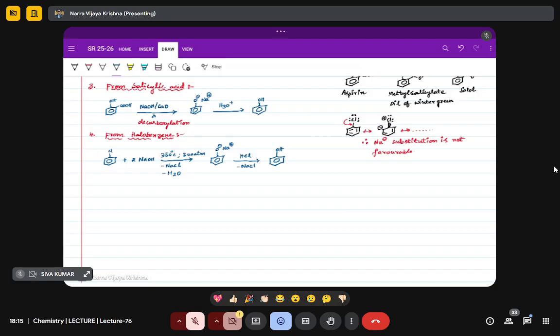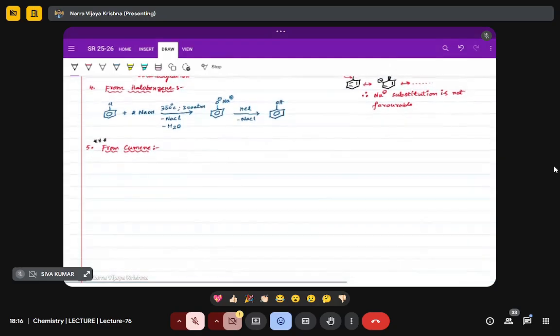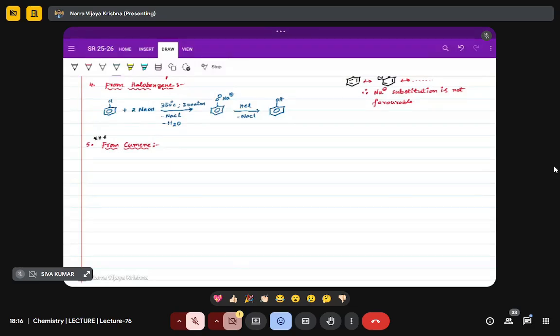Next, from cumene, very, very important reaction: preparation of phenol from cumene. What is cumene? Isopropyl benzene is called cumene. This is called cumene.